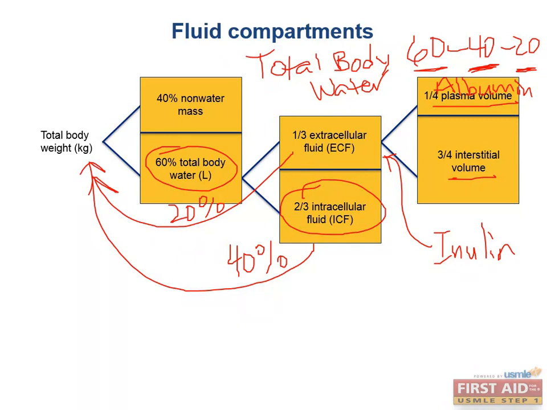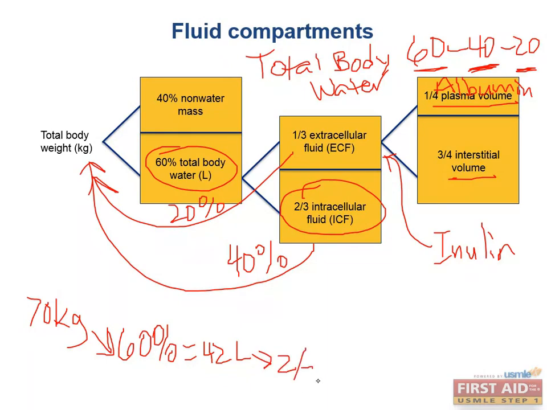Now, how is the body water of a 70-kilogram man going to be divided up? If you weigh 70 kilograms, then how much of that will be water? 60% will be water, which is equal to 42 liters. Then 2/3 of that is going to be intracellular, which is equal to 28 liters of ICF.